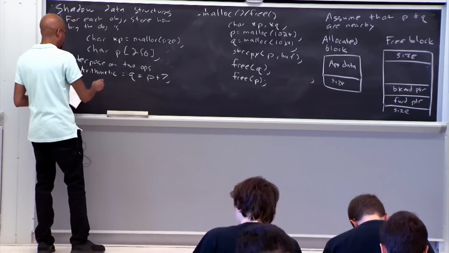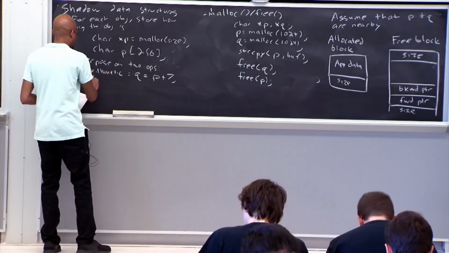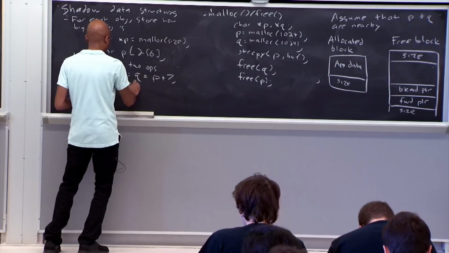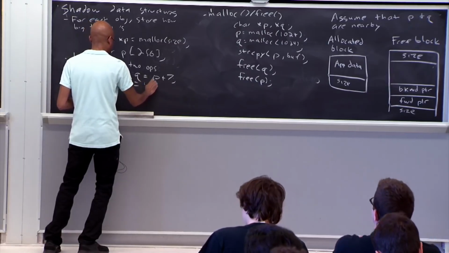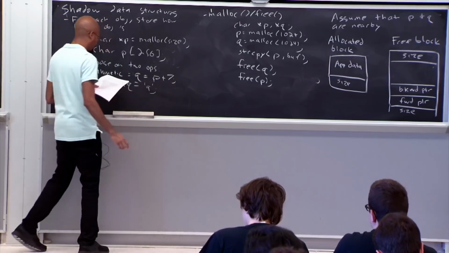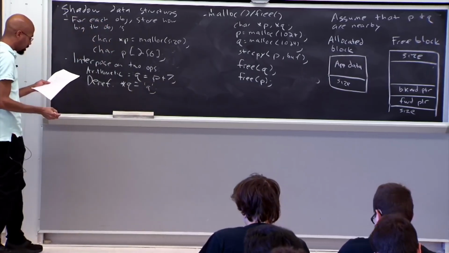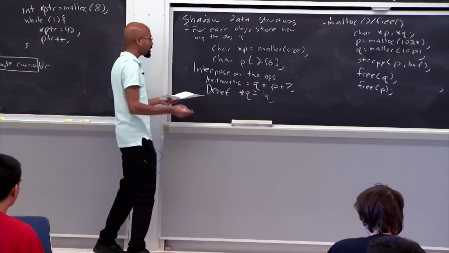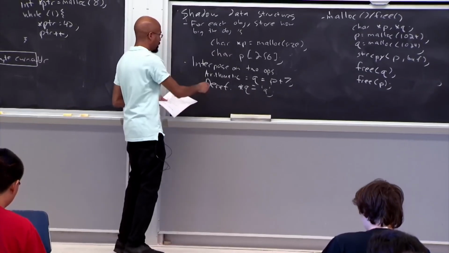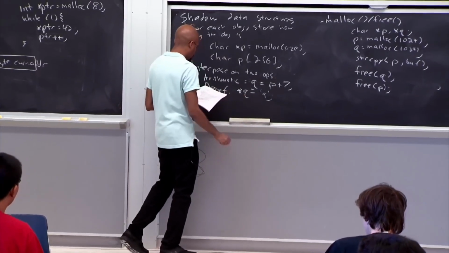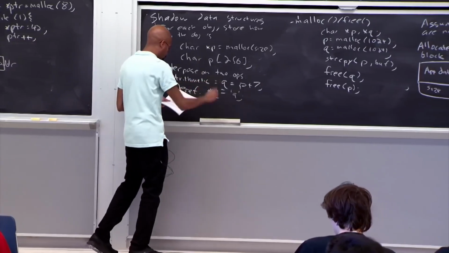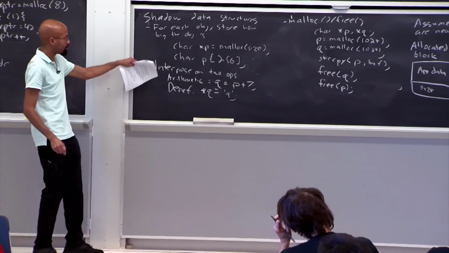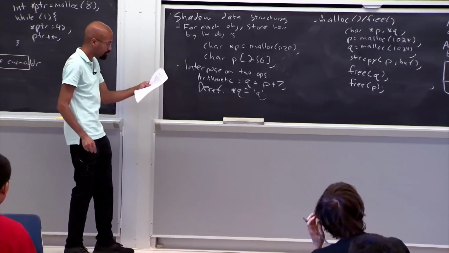And then you want to interpose on dereferencing, so something like q equals a, or something like that. What's interesting is that you might think, well, why can't we just rely on dereference when we interpose? Why do we have to look at this pointer arithmetic? And similarly, why can't we just deal with one of these and not have to interpose on both?